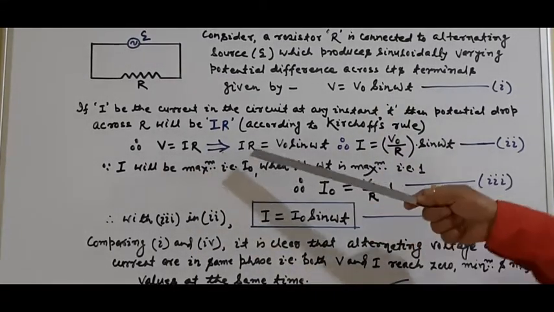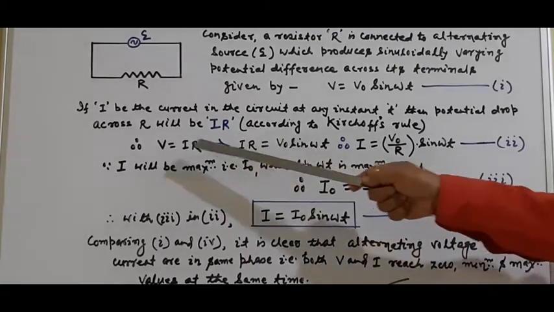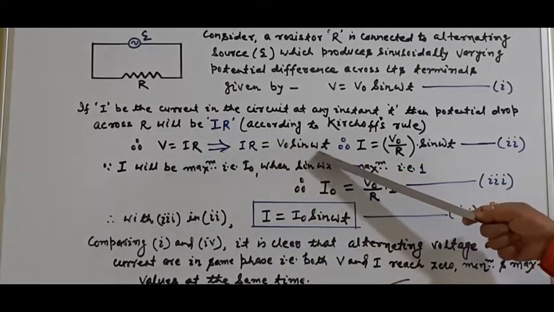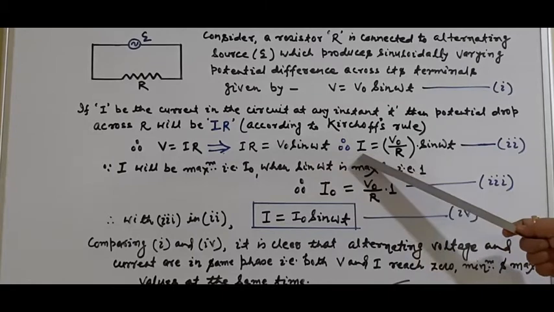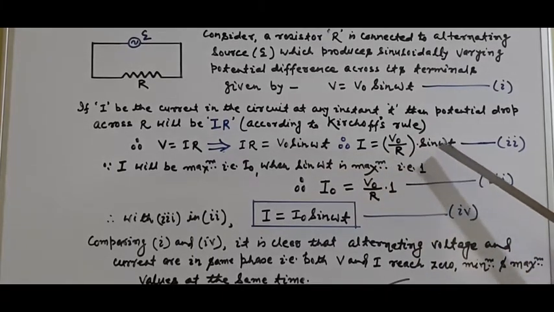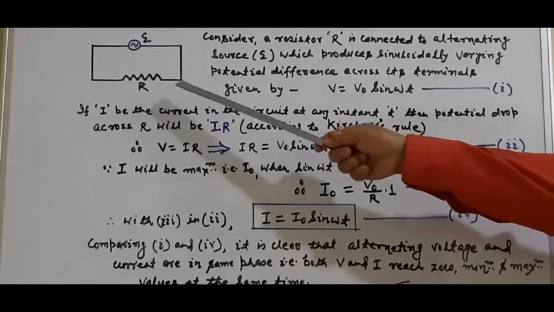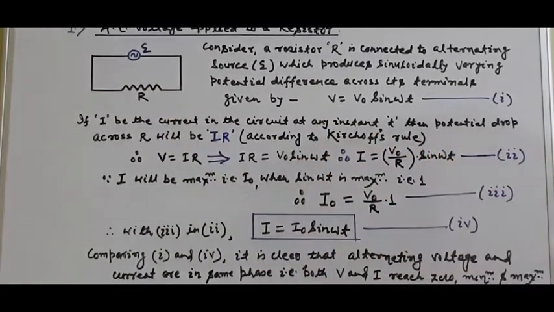So IR is equal to V naught sine omega t. Therefore I is equal to V naught by R sine omega t. This equation 2 gives the current flowing through the resistance R.